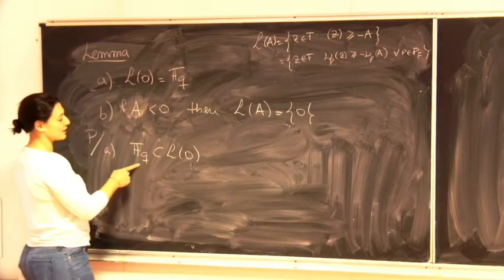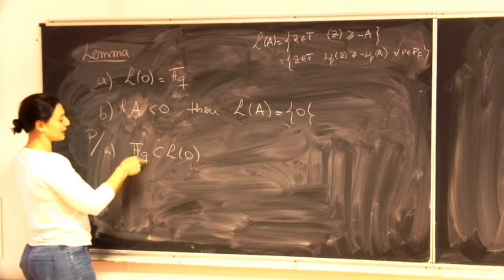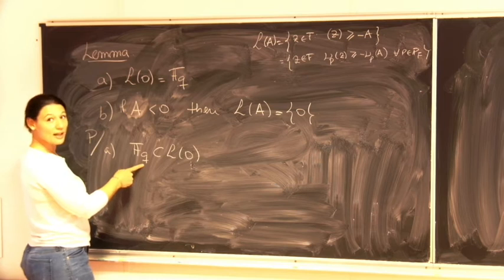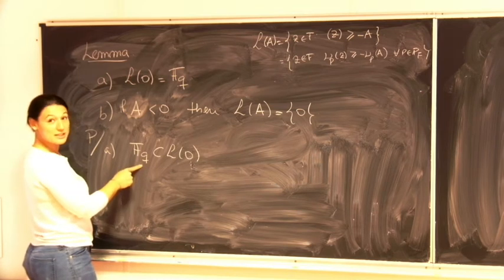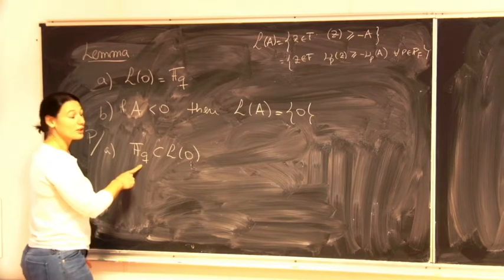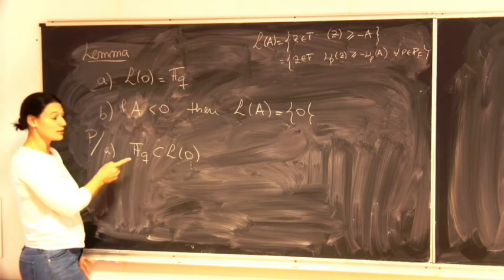And so if we pick an element of F_q, of course, if it is the 0, the valuation of the 0, we know that it is infinity.